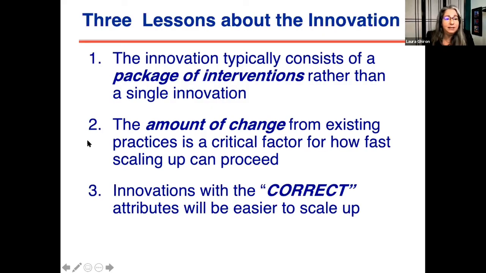Here's a few key lessons about the intervention package. Basically, that it is usually a package and not a single intervention. And then from ExpandNet's reviews of literature, which we did extensively in developing the framework, we looked back to the 1940s, 50s, and 60s, because scale up is not something new.